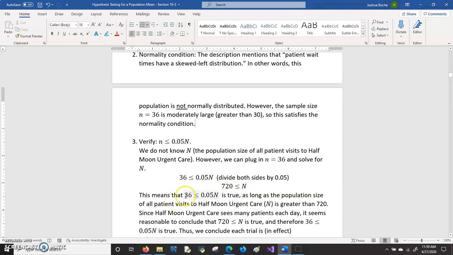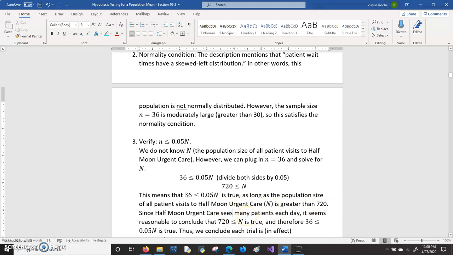What this means is that this is true: sample size is less than 5% of the population size, as long as the population size of all patient visits to Half Moon Urgent Care is greater than 720.